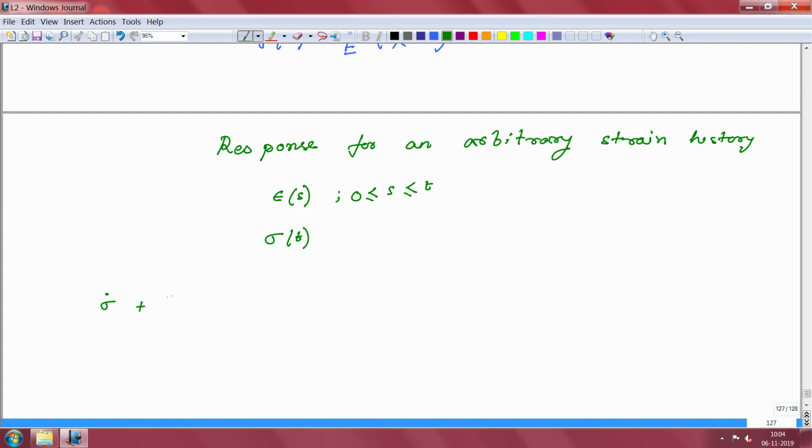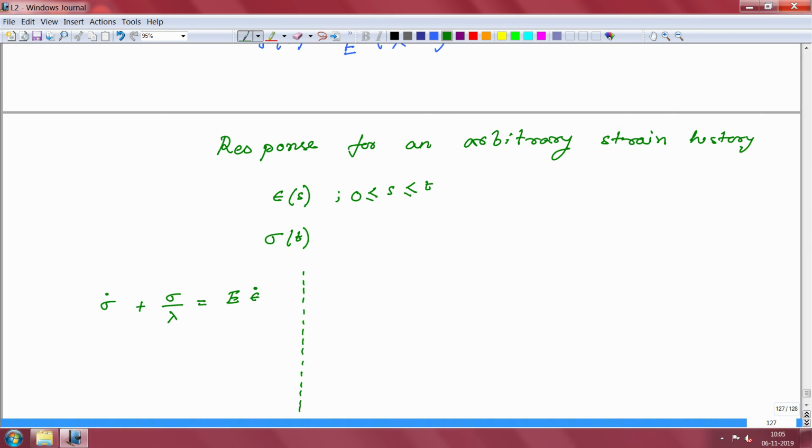So, we are writing this ODE, where sigma is what you want to figure out, and epsilon is given to you. Right. Now, you probably have realized that this is a first order linear ordinary differential equation.